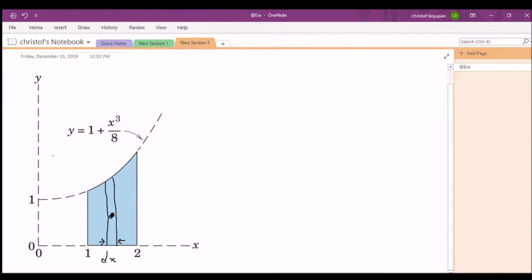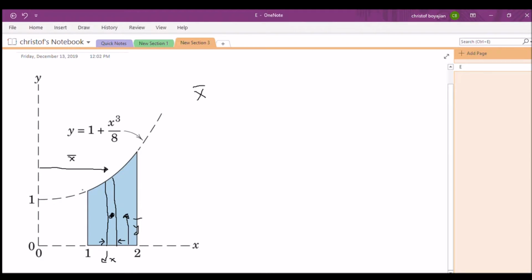We need to know what y bar is, which is this distance over here to the centroid of this piece. So this is our y bar. And then we want to know this distance here to the centroid on the x axis. That's our x bar. As we can see, our x bar is just going to be equal to whatever x value we plug in.